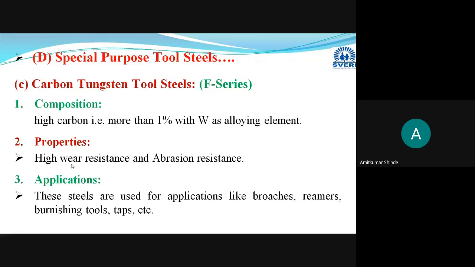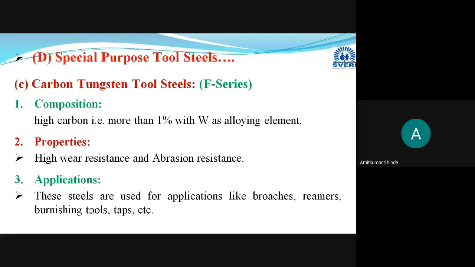They have very high wear resistance, high abrasion resistance, as well as higher hardness and strength. These are termed carbon tungsten tool steels, denoted by the F series.